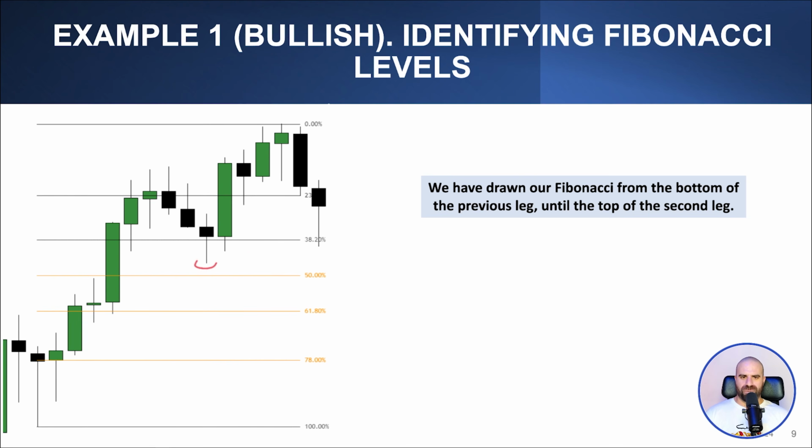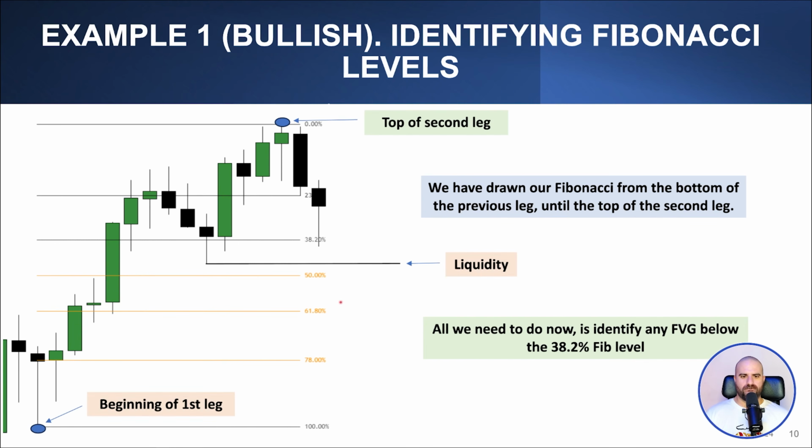So once we have identified those conditions, we go ahead and grab the Fibonacci tool, place it from the bottom of leg number 1 until the top of leg number 2. And here we go, guys: beginning of first leg, top of second leg, and the liquidity. I have placed everything on the very same slide so that you can see everything taking place together. This is the best way for you to learn.